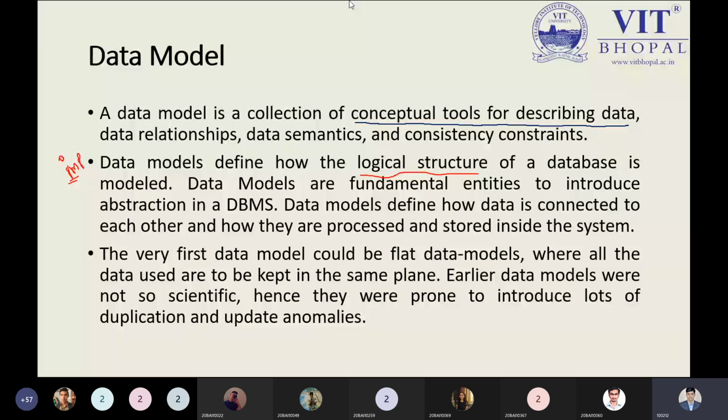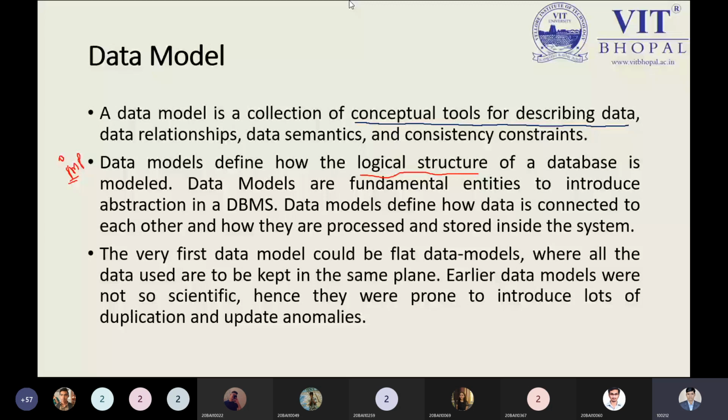Previously we used the flat data model, which is known as a simple text file, we can say. So the relationship will not be there. In the flat data model, we have different files, and each and every file has its own structure, but the files are not connected to each other, and they are not making a relationship with the other files either. That's why we can say that was not successful.